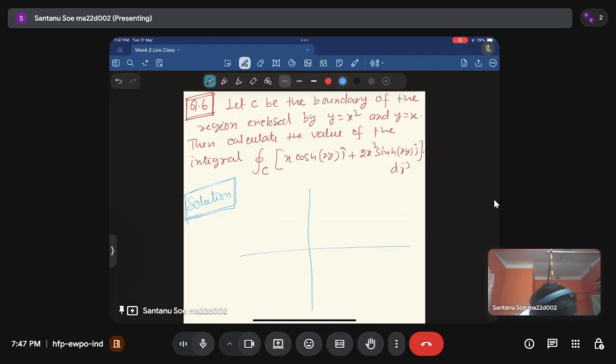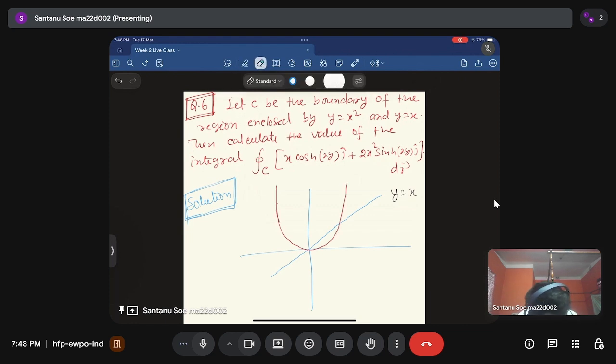So this line is y equals x, and this point is 1, 1. Okay, and the region is bounded by this one.